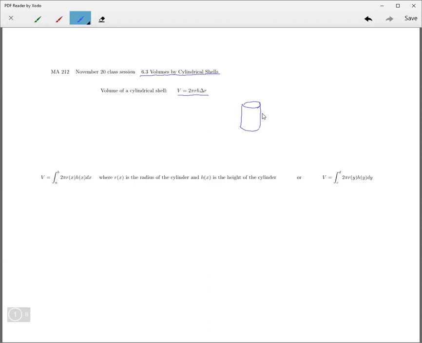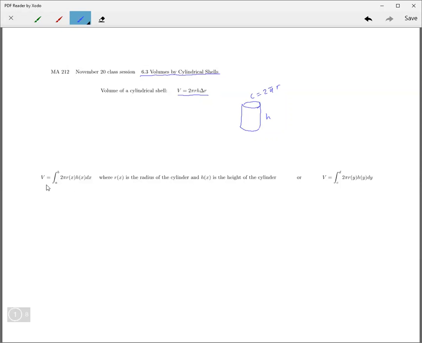The outside part is the circumference times the height. The circumference is 2 pi r, and the height is h. Now you're multiplying it by dr, that's like a thickness there, and that gives you a volume. So that's what we're looking at right there.